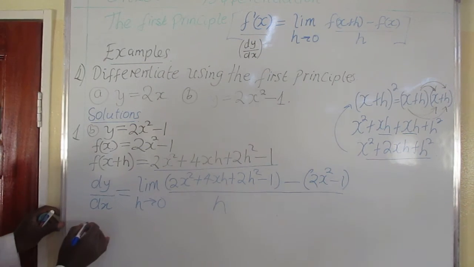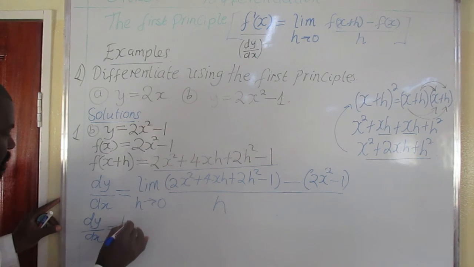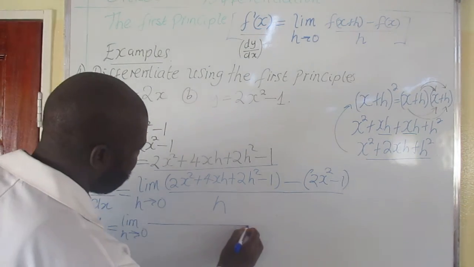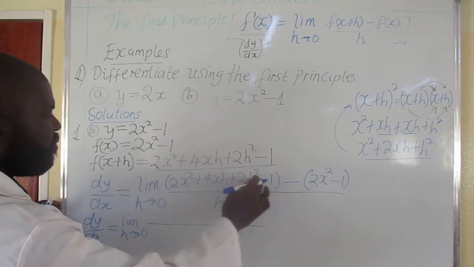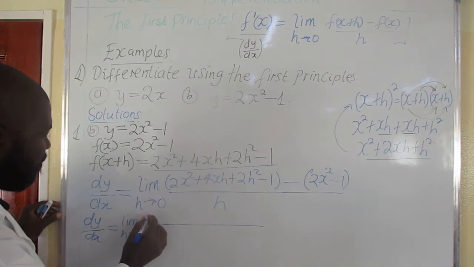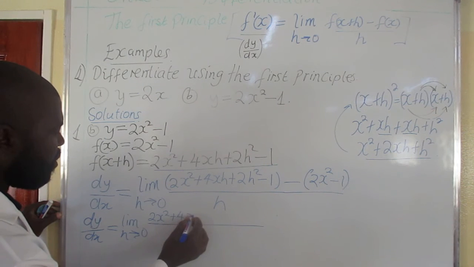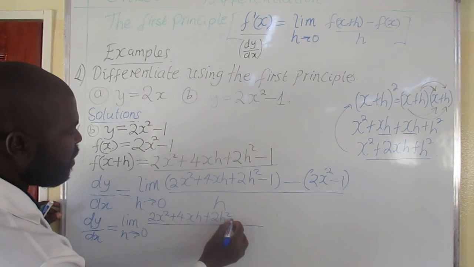So we go on, we say dy/dx is equal to the limit as h approaches 0 of, we remove the brackets, we have 2x squared plus 4xh plus 2h squared minus 1.